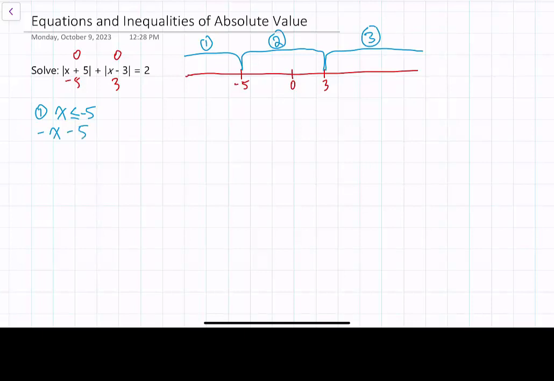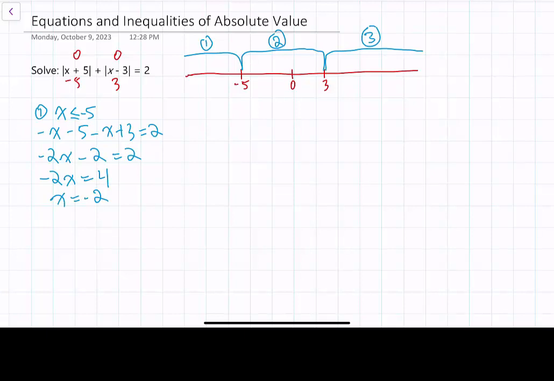X minus 3 turns into minus x plus 3 equals 2. So then after we get rid of these absolute value symbols, it's much easier for us to calculate for x. So we get -2x minus 2 equals 2. Then we get -2x equals 4. So then x equals -2.